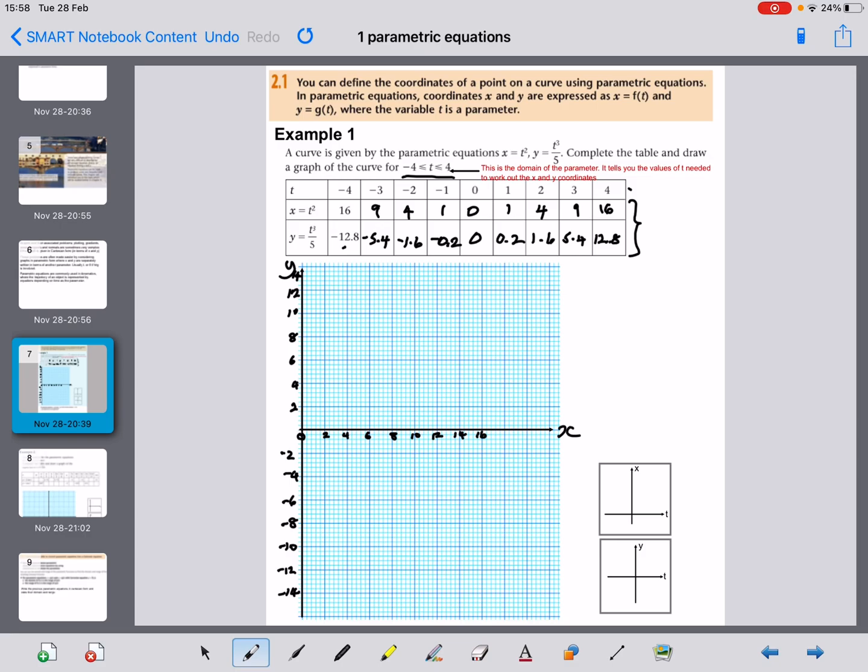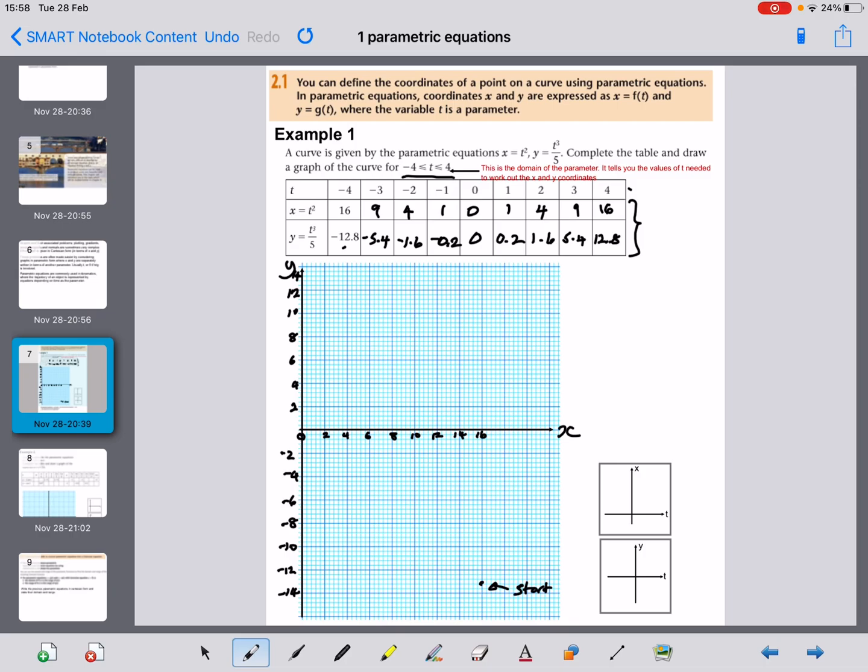Okay, so I'm going to just start from the left. So where t is -4, we've got x is 16 and y is -12.8. So x is 16, y is -12.8. So that's about there. Okay, so I'm just going to point out that that's our start point for reasons I'll explain in a minute.